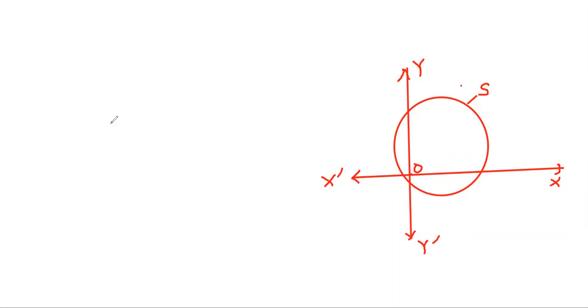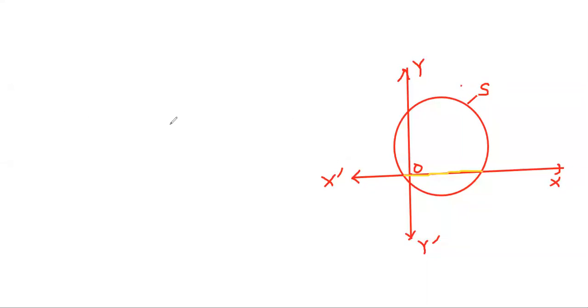What is the value of this x-axis intercept? This circle makes an x-axis intercept and y-axis intercepts are there. I will use a different color so you can understand. This is the x-axis intercept. I have to find out this value.